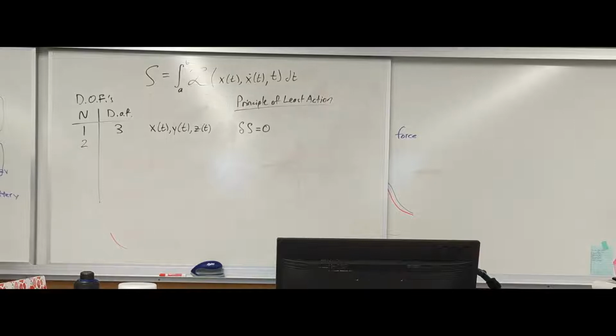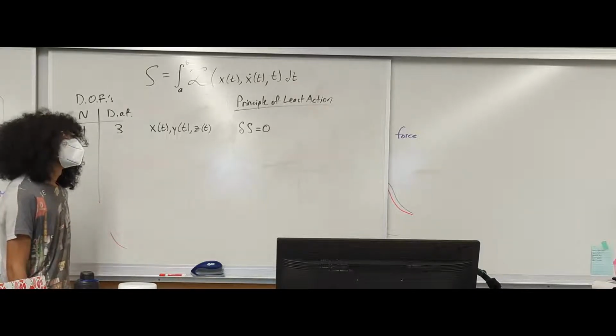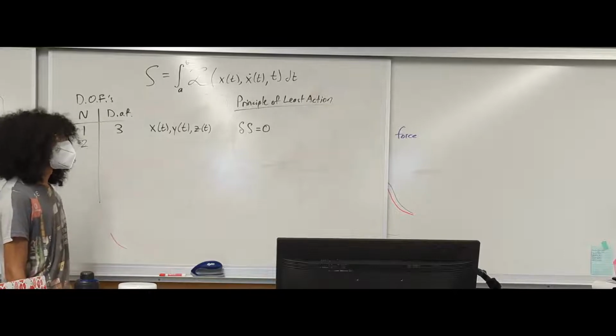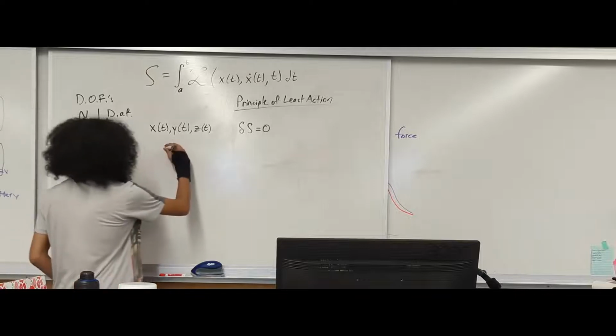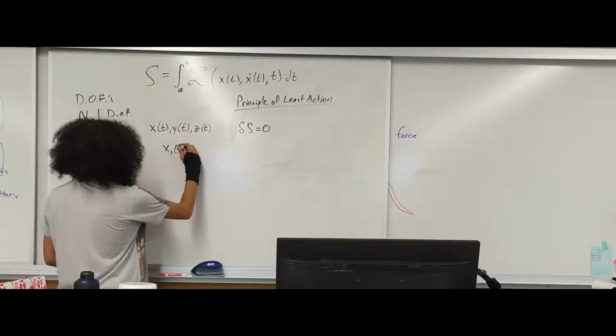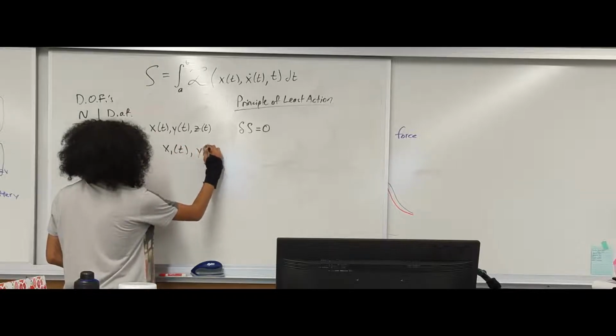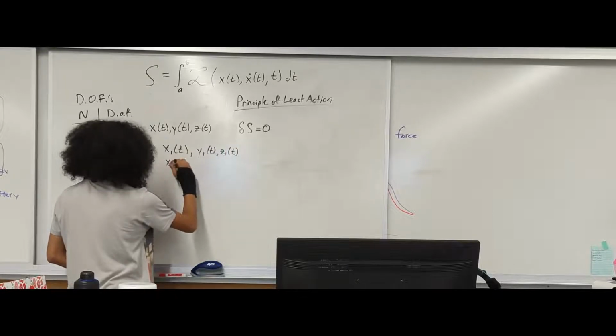So, do we care? How do I explain this? Do we care about the particular combinations? I'm looking for knowing at all times what is the x coordinate of the first particle, what is the y coordinate of the first particle, what is the z coordinate of the first particle, and what is the same for the second particle.